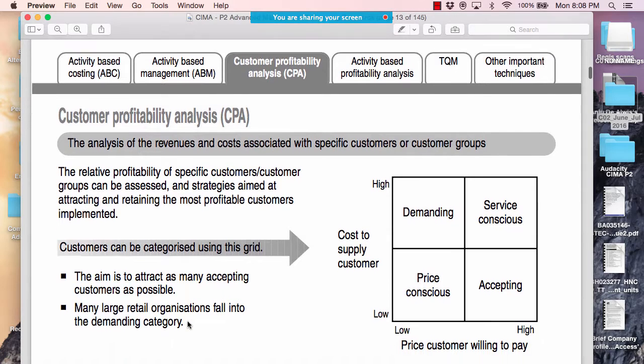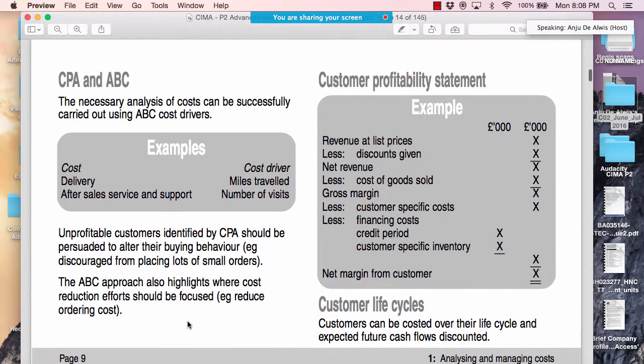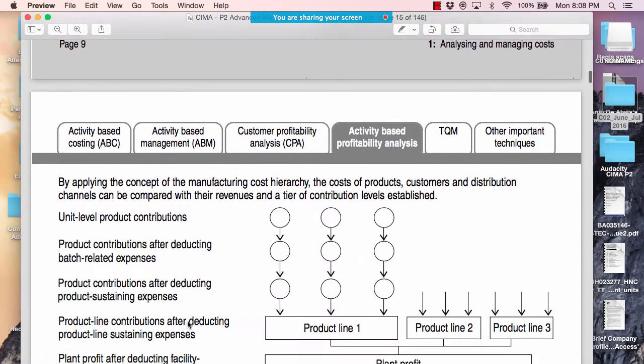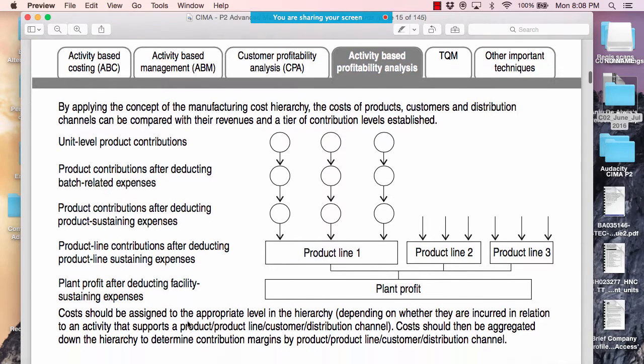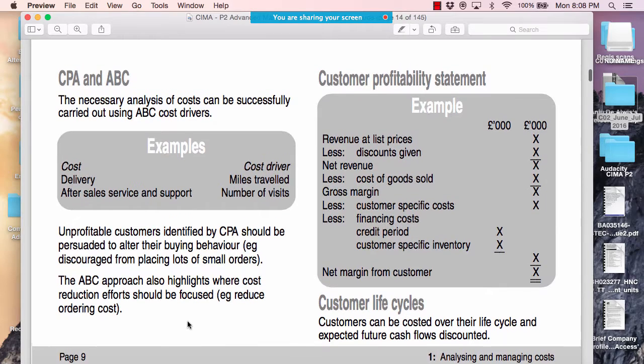Customer profitability analysis, and the ABC. The card before this one had the format for the question. I got overwhelmed with that one.